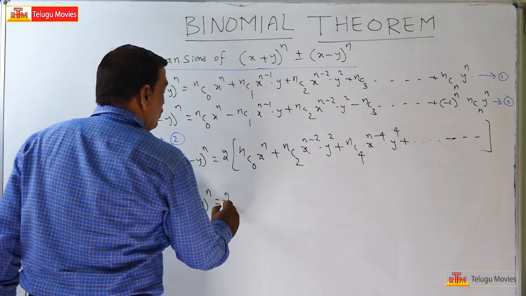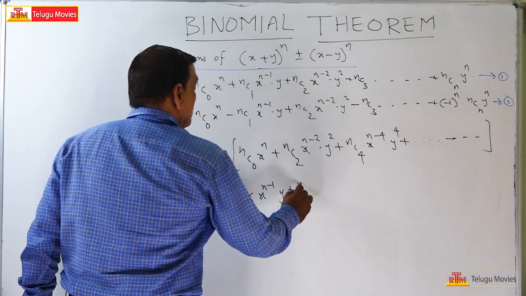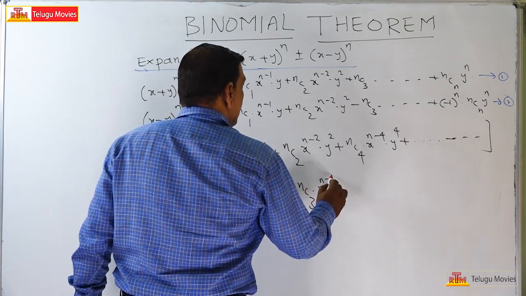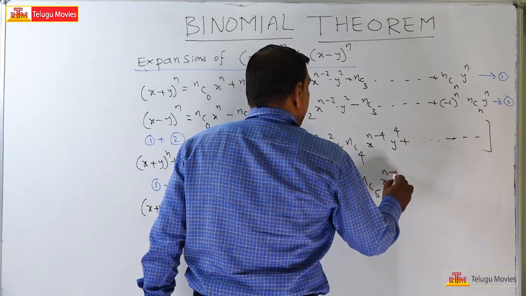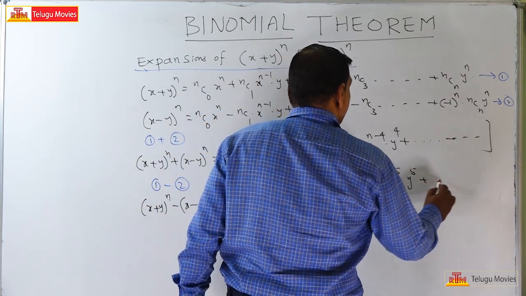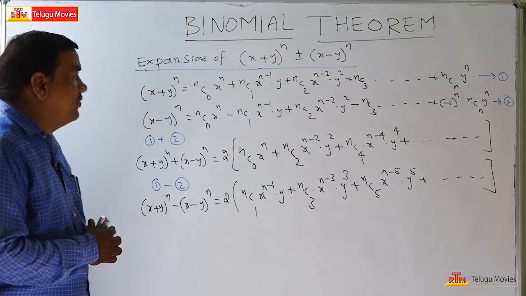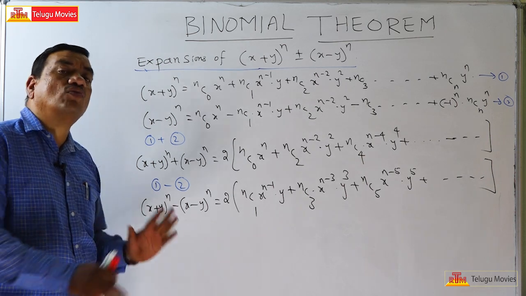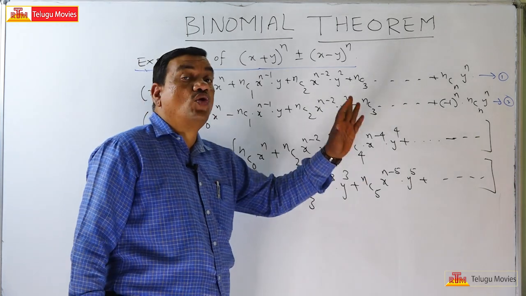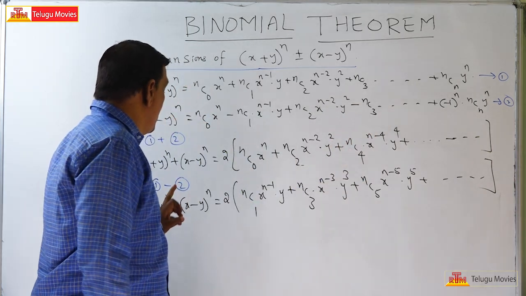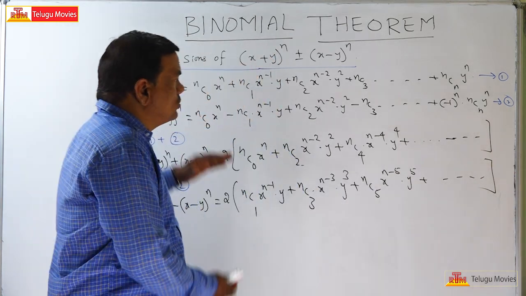That is 2 [nC1 x^(n-1) y + nC3 x^(n-3) y^3 + nC5 x^(n-5) y^5 + and so on]. On the whole, what you have to remember is, if it is a plus, 0, 2, 4, 6, 8, even numbers will come. If it is a minus, 1, 3, 5 and so on, odd numbers will come. So, this is the concept.